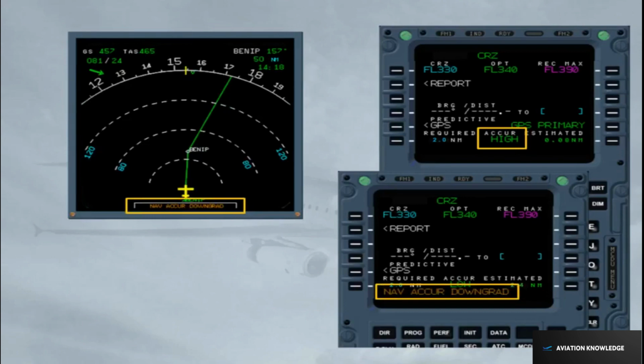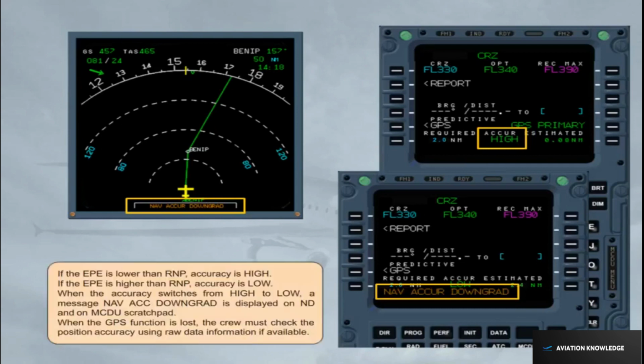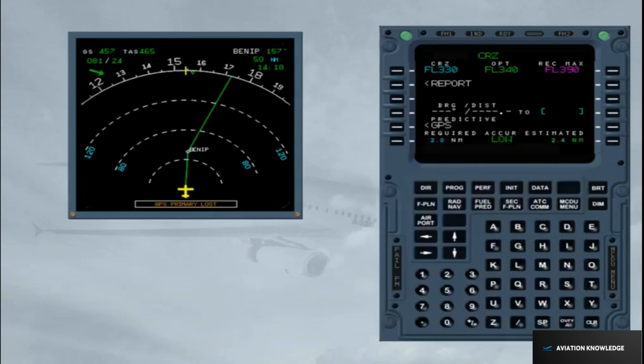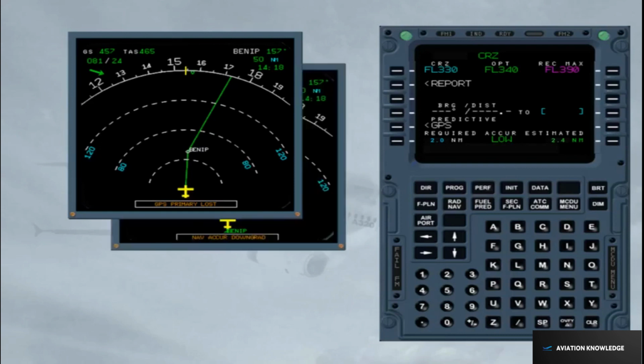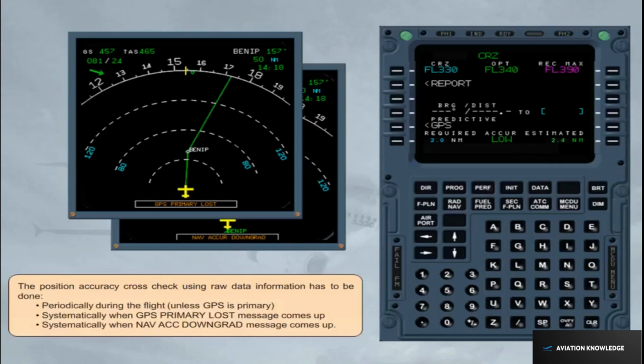When the GPS function is lost, the crew must check the position accuracy using raw data information if available. The position accuracy cross-check using raw data information has to be done periodically during the flight, unless GPS is primary, systematically when GPS primary lost message comes up, systematically when NAV ACCUR DOWNGRADE message comes up.